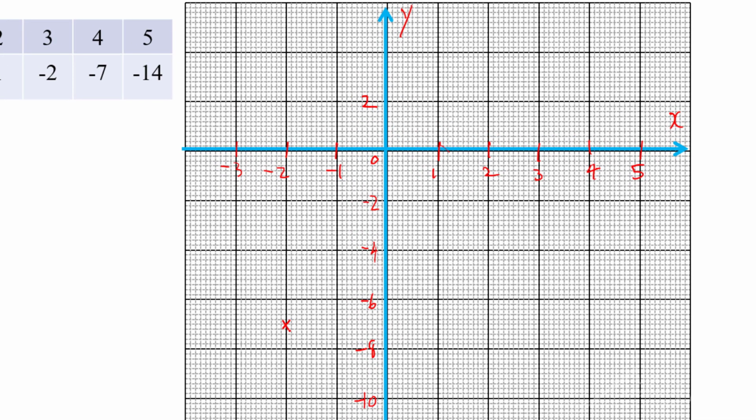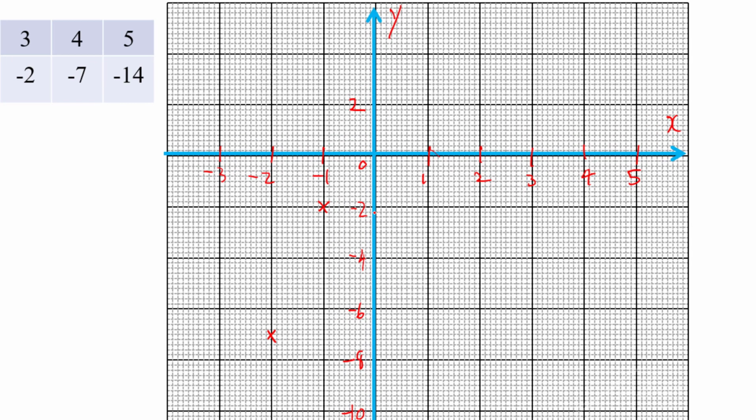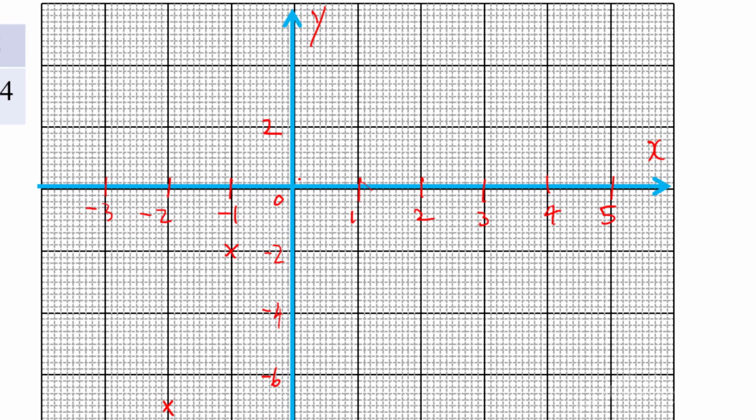So it's down here, right in the middle between -6 and -8. Then when x is equal to -1, y is -2. When x is equal to 0, y is 1. So where is 1? 1. Okay, I hope I get this correct.